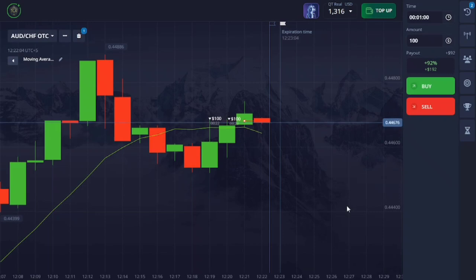But the next candle is coming in the down direction. So we wait for the result of the trade.